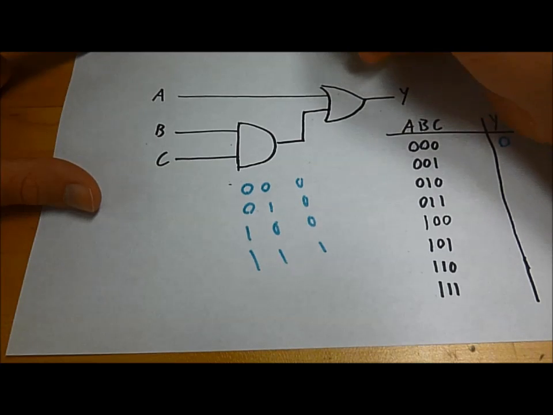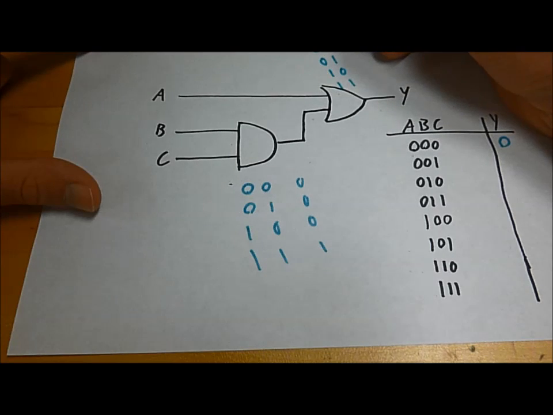Let's also, for future reference, write out the truth table for the OR gate. Remember that it is 0, 1, 1, 1.